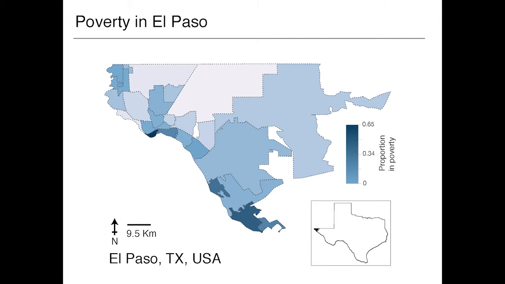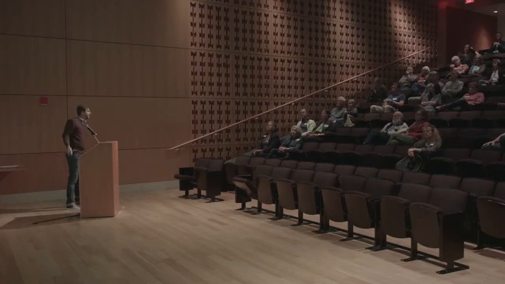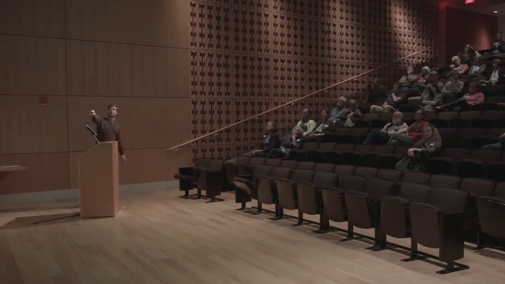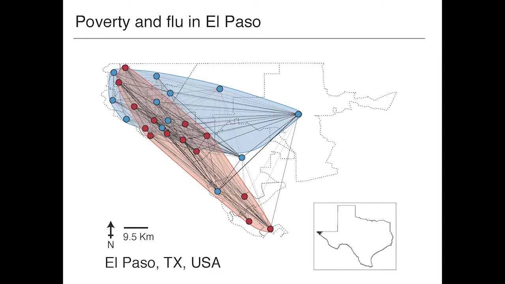But these zip codes down here are more in sync with each other with respect to their flu cases arriving than these richer zip codes are with each other. And one of the ways that we can try to visualize this is we can place a dot in the center of each zip code, and we can color code the dots based on those zip codes that are most in sync with each other.